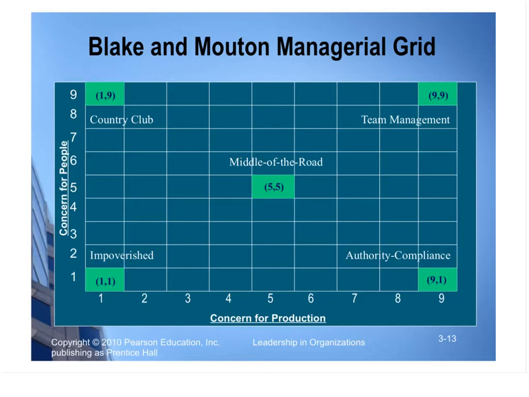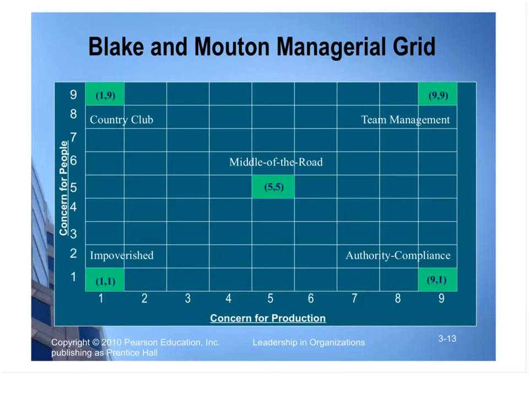They just do what you tell them to do, and that's why the concern for people is so low. In the middle is somewhere you have moderate concern for production and concern for people. And in impoverished, at the very bottom, you see that none of them are really taken care of. That's where you don't want to be.